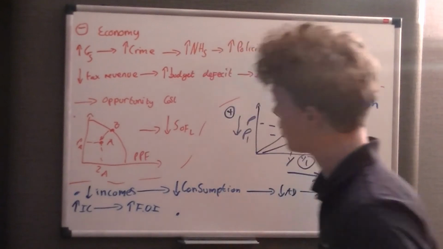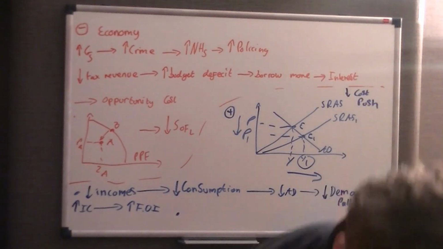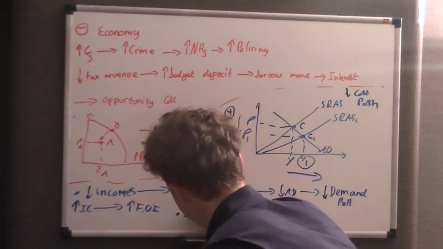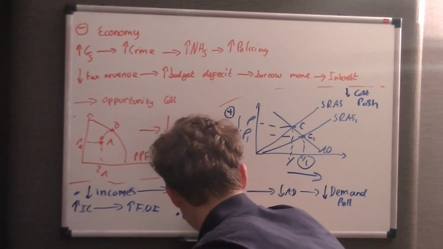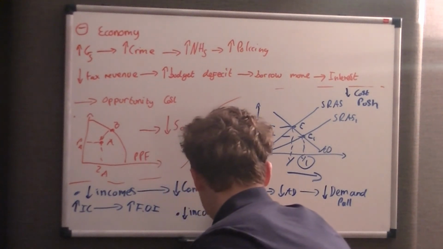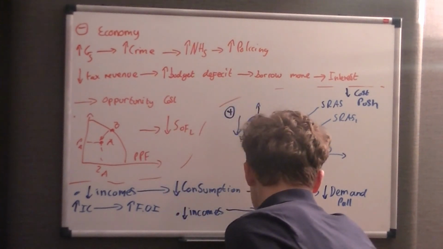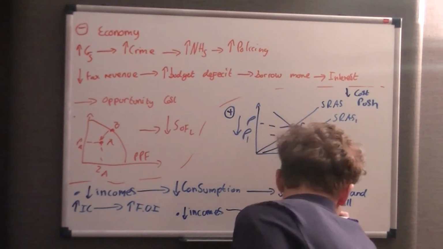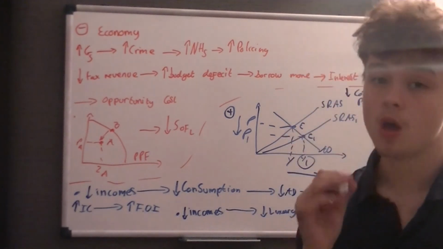Another one you could talk about is if unemployment has increased, incomes decrease, so the demand for luxury goods decreases. Most of our luxury goods come from abroad.